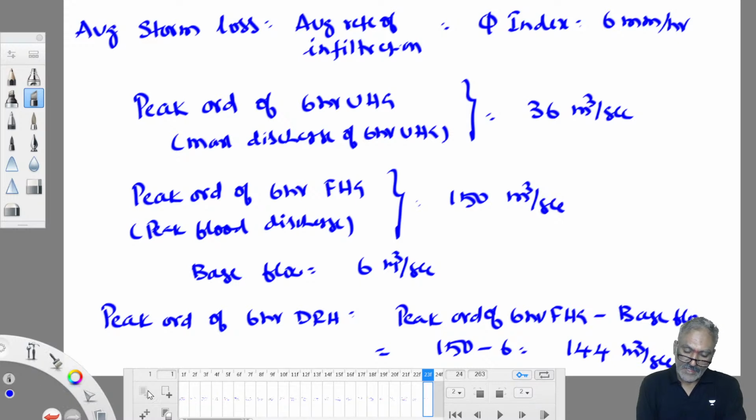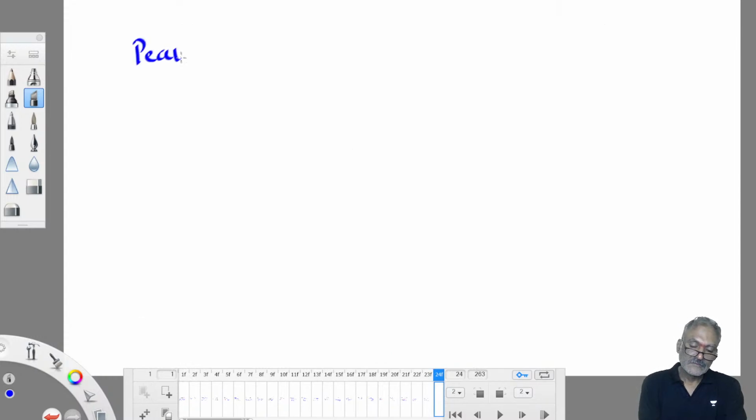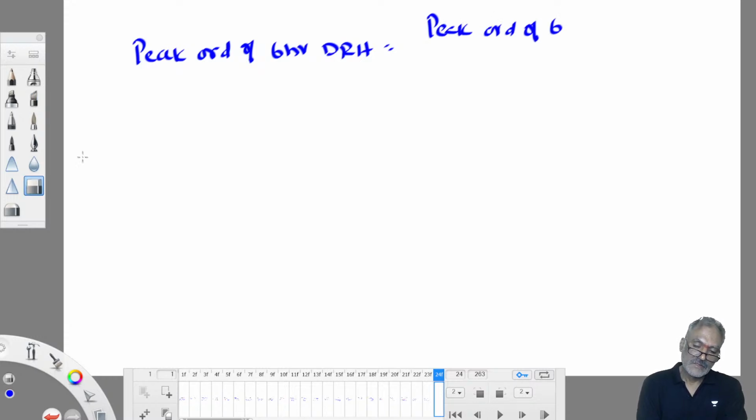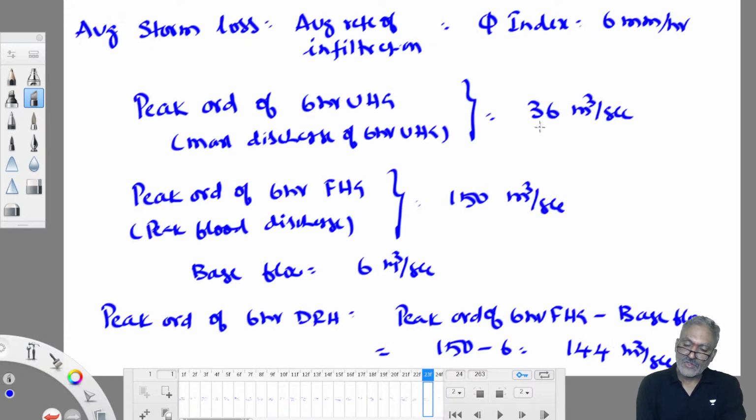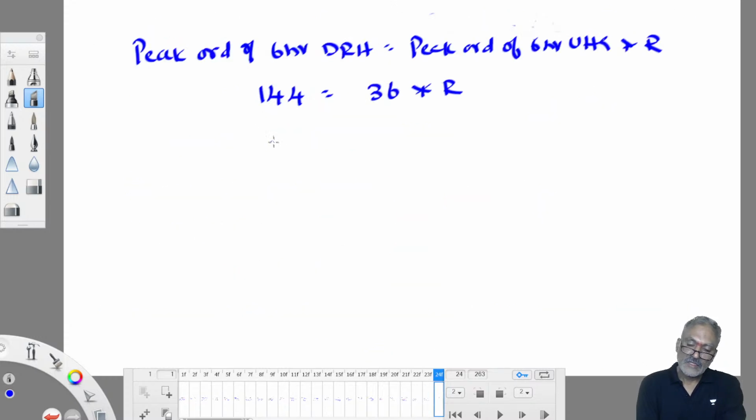Therefore, the peak ordinate of the 6-hour direct runoff hydrograph is equal to the peak ordinate of the 6-hour unit hydrograph into R. This is known to you, 144, and the peak ordinate of the unit hydrograph is also known, 36. So 144 equals 36 into R. Therefore, R is equal to 144 by 36, which is 4 centimeters.